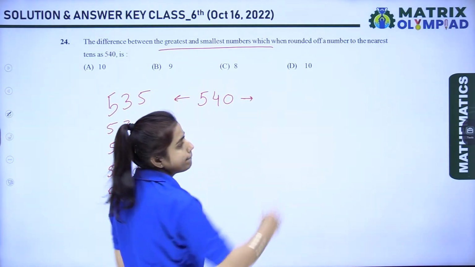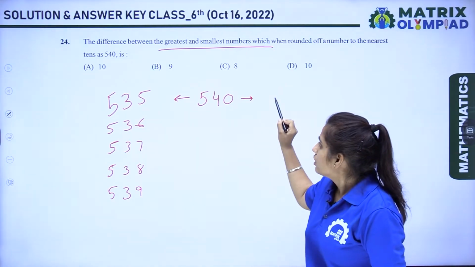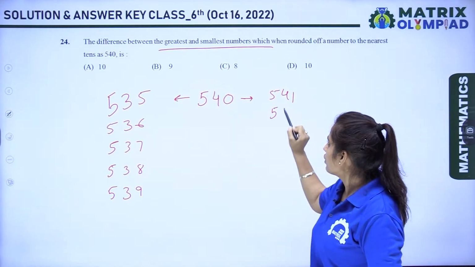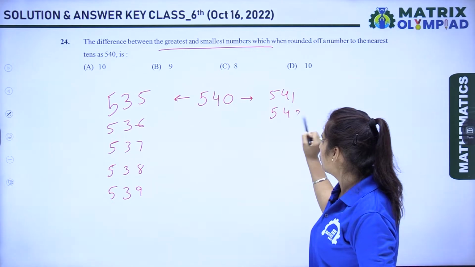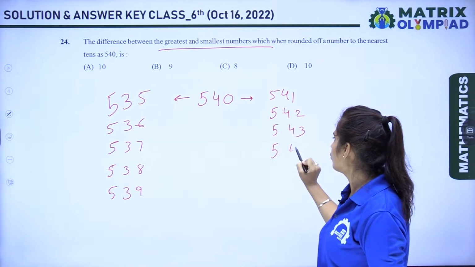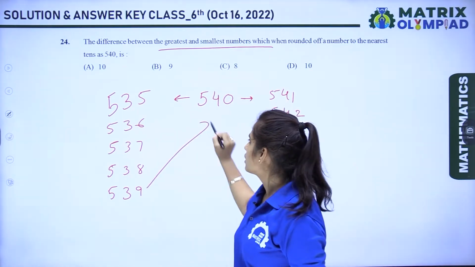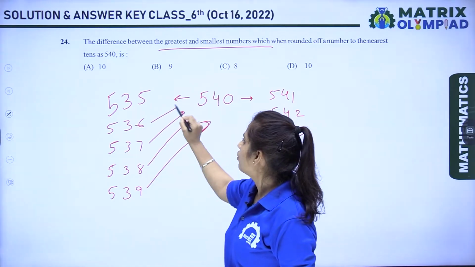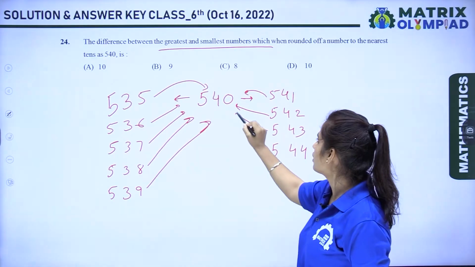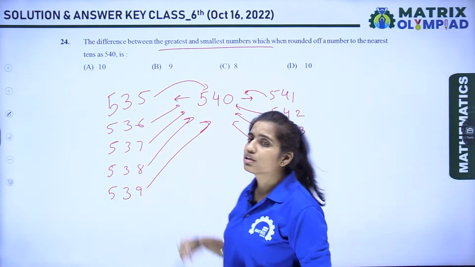Now let's move to the next numbers, that is 541, 542, 543, 544. These are the numbers which are giving us the estimation of 540. All these numbers will give us 540 after rounding off to the nearest tens.